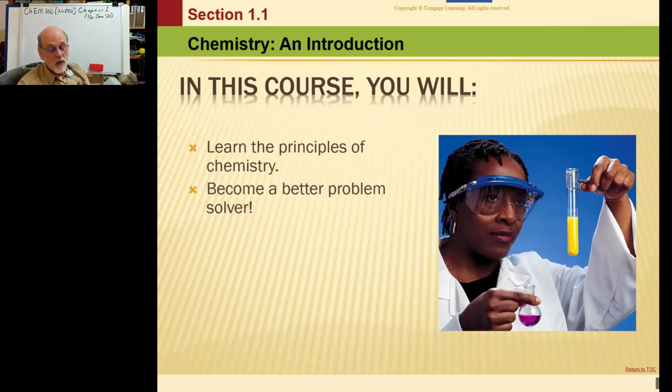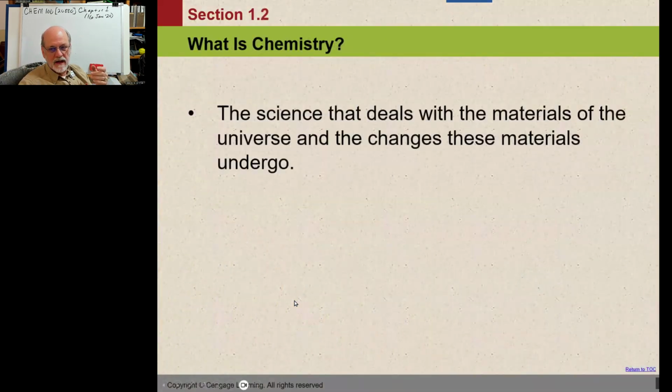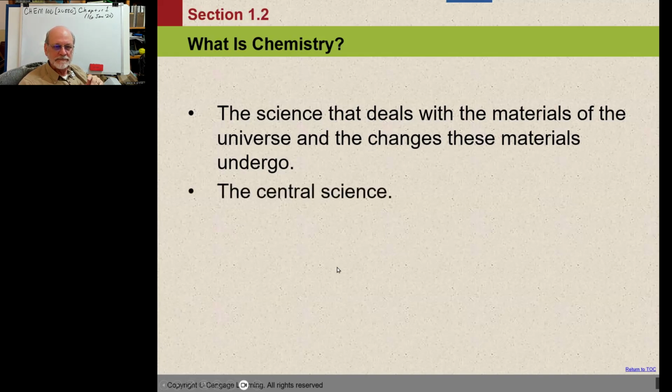Maybe it's not quantitative. Maybe it's qualitative. But solving problems is central to what we do in chemistry. All right, there's the definition of chemistry. Your authors chose that one. I gave you a slightly different one, but they're essentially the same.